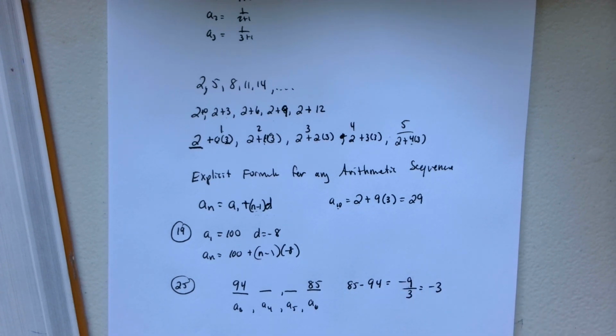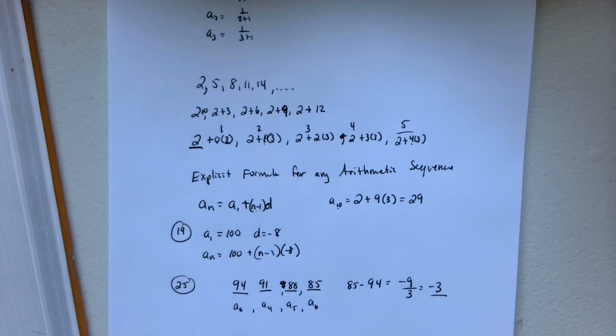So -3 is what was added each time. So 94 plus -3 is 91. 91 plus -3 is, excuse me, 88. Sorry. And then 88 plus -3 would be 85. All right, so I've got the common difference.